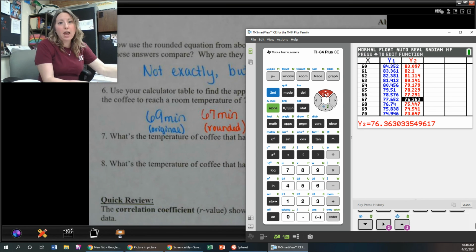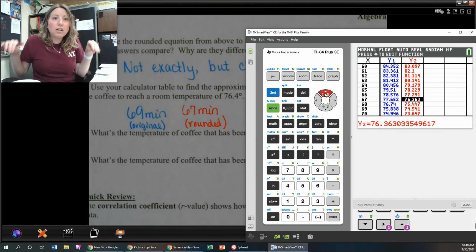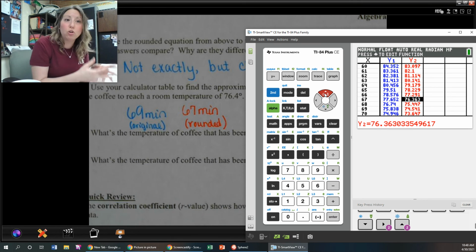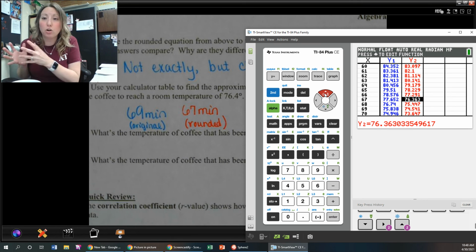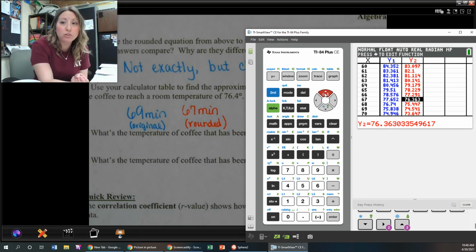So notice as our X value increases, the deviations away from each other start to increase with our original regression equation versus our rounded regression equation. So what you're going to want to do is be careful if the question specifies one version of the equation over the other. Okay?